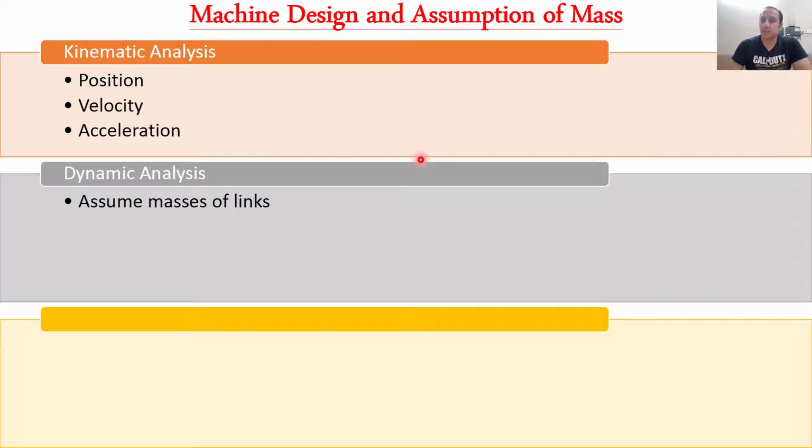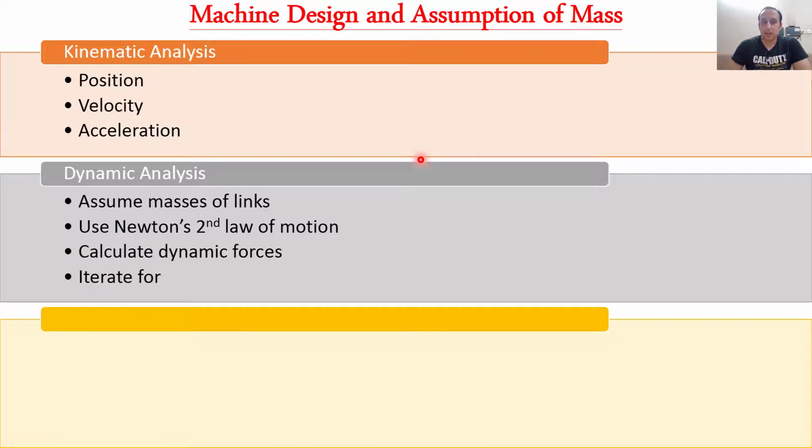If we assume the mass, and if we have the acceleration, we can easily calculate the force using Newton's second law of motion, which is F equals ma. Okay, then we need to keep on changing the assumed masses. Why?